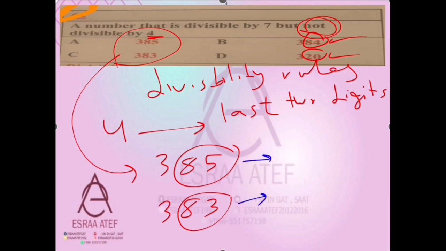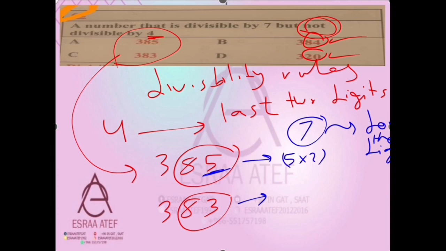By the rule of 7, okay. To divide by 7, I will double the last digit, okay, and then subtract it from the remaining of the number, okay. So here I will do the same, I will double 5, it will be 5 times 2, which is 10, and then subtract it from the remaining of the number, which is 38.